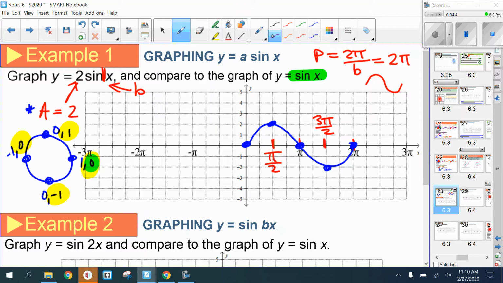So 2 dots over and 2 dots up. We're going to see that. We're going to go down 2 and up 2 and up 2 and down 2 and down 2 and up 2. I want to extend that graph, and that's the graph of 2 sine x.